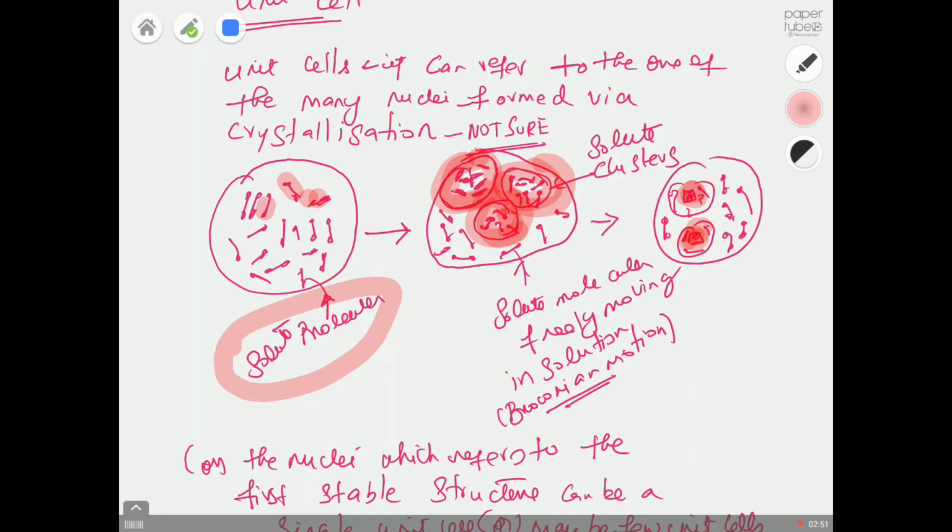But let me change it to pen and draw a new figure that will make it simple. If you have a lot of solute molecules, obviously you have a solvent. I'm not drawing them.